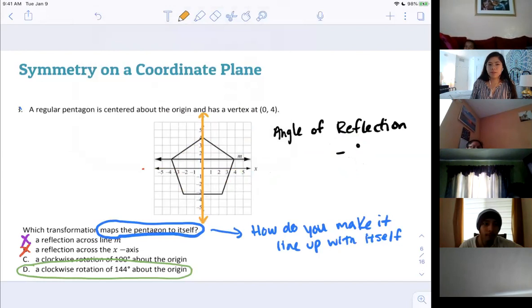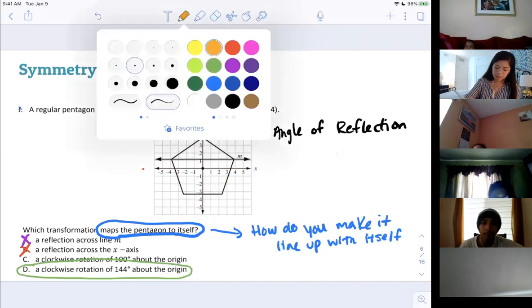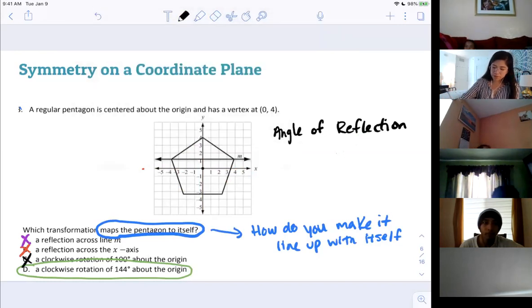If we reflected it over the y-axis, would it line up? If you fold it in half. Give me something, guys. I see Perla's the only one who ever does anything. Okay, thank you. Yes, it would. So if that had been an option, that would have also been correct. But in this case, we had answer choice D.